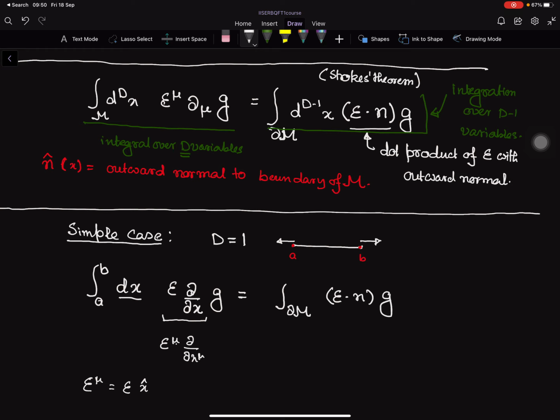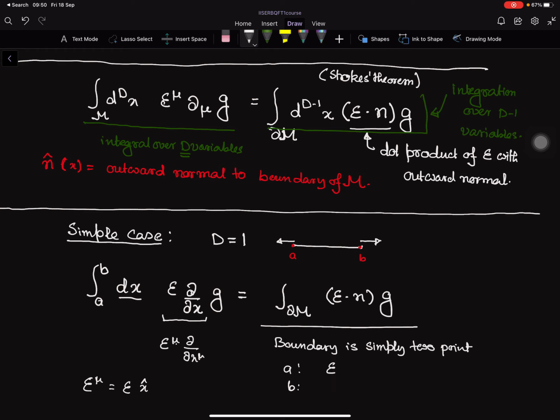In this case, the boundary is simply 2 points, A and B.